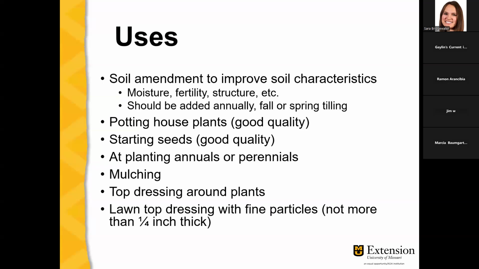But if you add it constantly, annually, and you keep a good percentage of organic matter, you may not need fertilizer. If the organic matter is above 5% in your soil, we usually do not recommend nitrogen. We might recommend other nutrients, but normally not nitrogen, because the organic matter is releasing enough nitrogen.